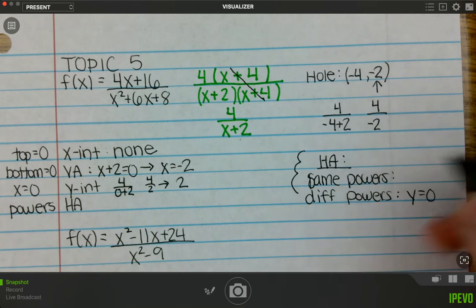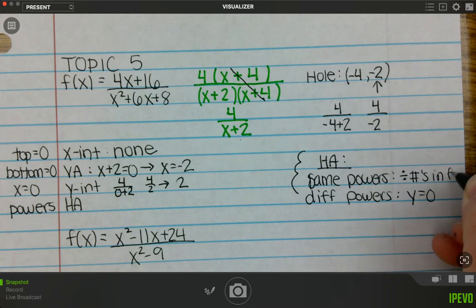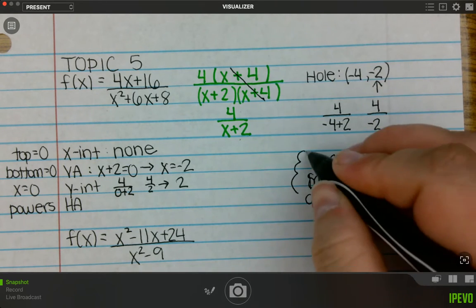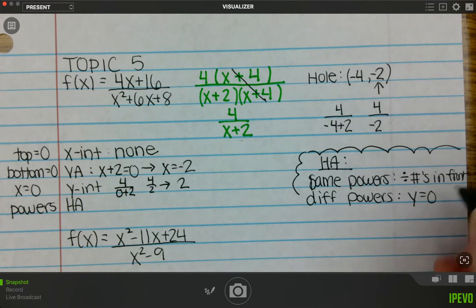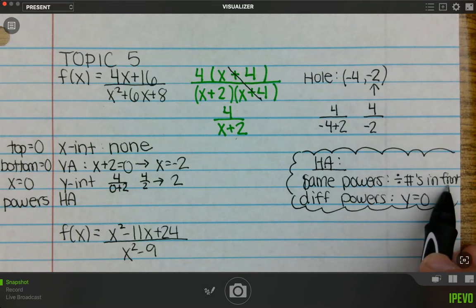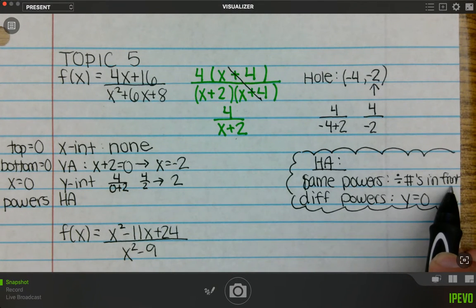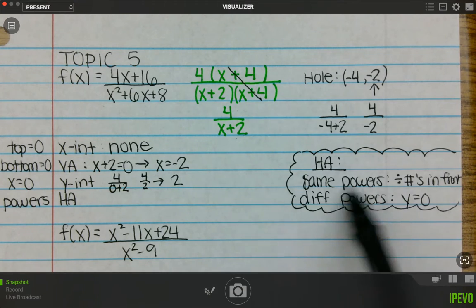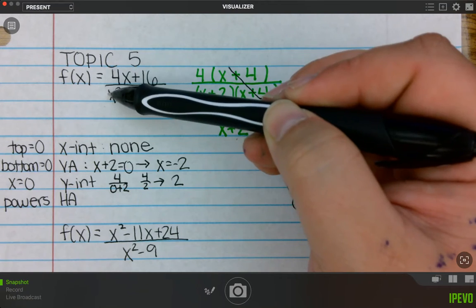If you have the same power, then you divide the numbers in front. And I'm sorry, I know that that got a little squished. So this says front. I'm going to divide the numbers in front. So if the powers were the same, I would divide these two numbers in front, which would be 4 over 1.